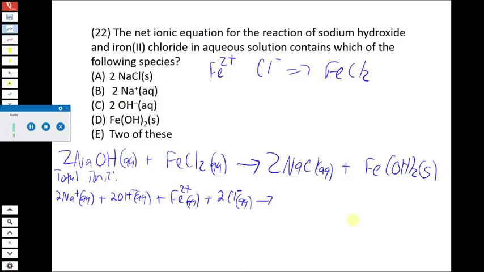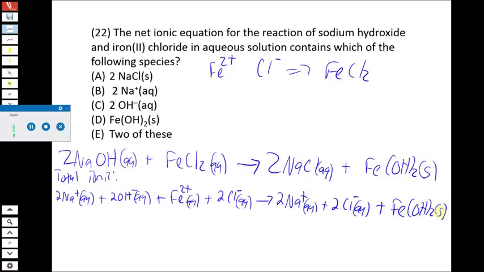On the product side, our NaCl is still aqueous, so it's going to be 2 Na+ and 2 Cl-. And then this product here, because it's an insoluble solid precipitate, we don't break it up into ions. It exists as intact Fe(OH)2, and so that one stays the same.